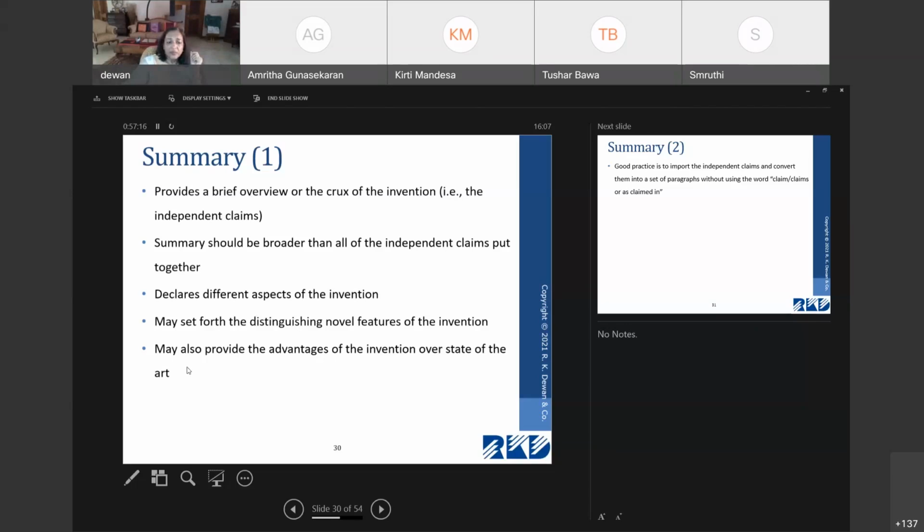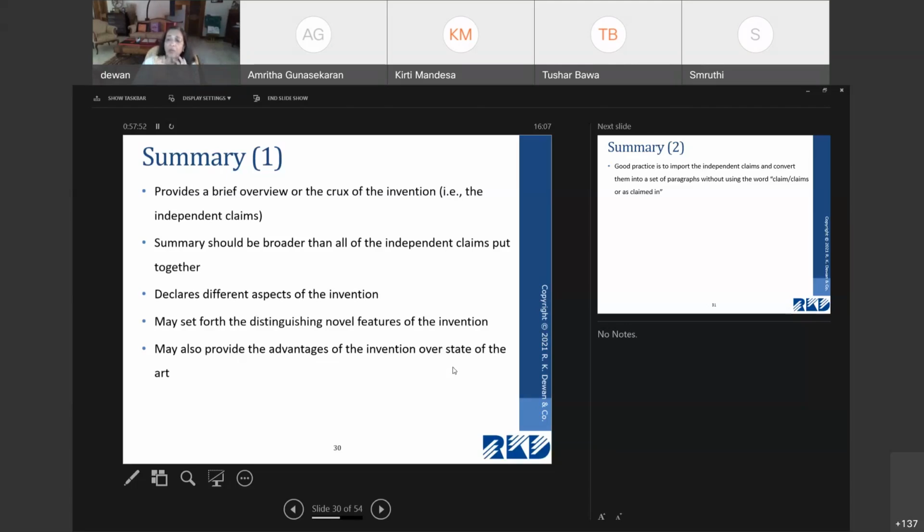And this may also provide advantages of the invention over the state of the art. So earlier in the background, you had talked about the state of the art and you had given the drawbacks or limitations of that state of the art. Now in the summary, after giving the overview, the crux of the invention, you provide details about the invention.